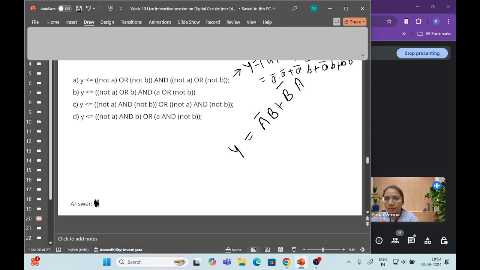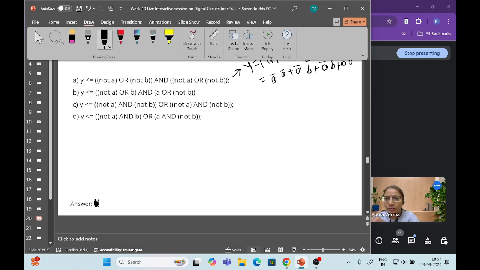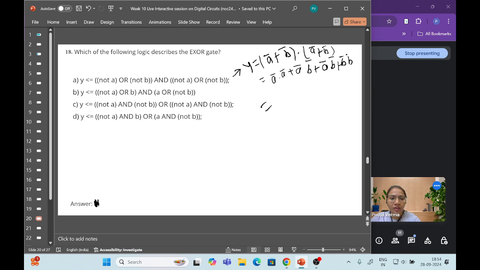Just a minute, we will go option by option so that everyone can understand. A dash and A dash are the same, and A dash B dash, these are the same. We can write it once, plus B dash, right?